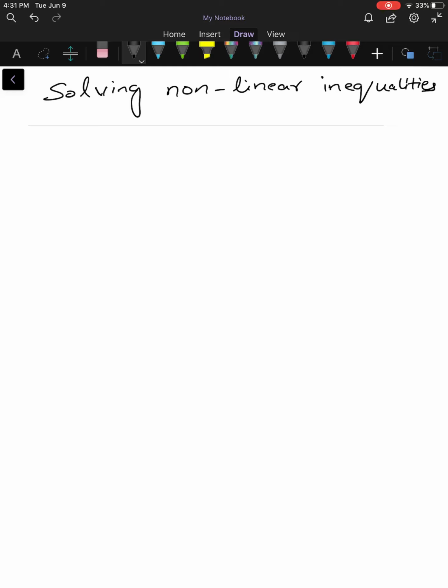Before we get into the details of how to solve these kinds of inequalities, we will recall certain operations where signs are very important. If you have a negative sign and it is multiplied an even number of times, we get a positive sign.